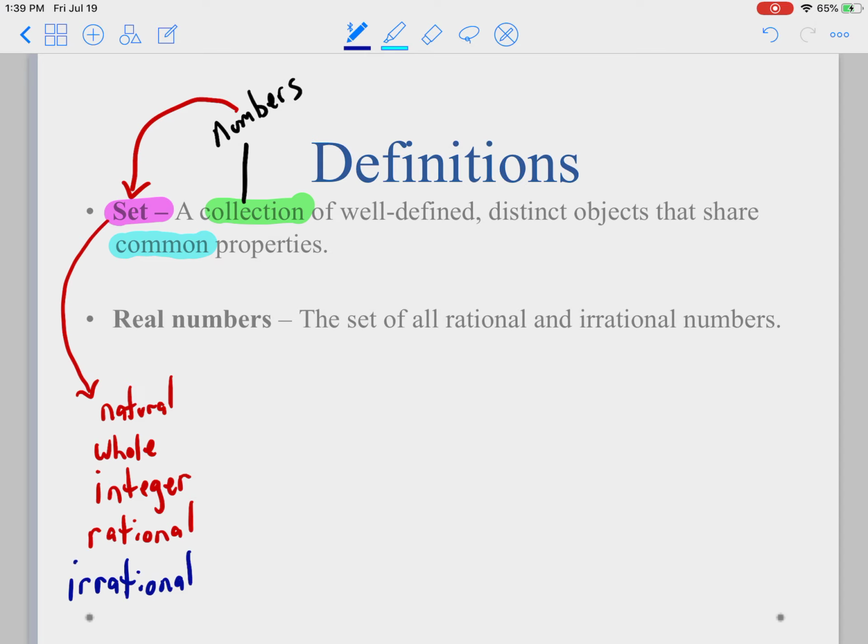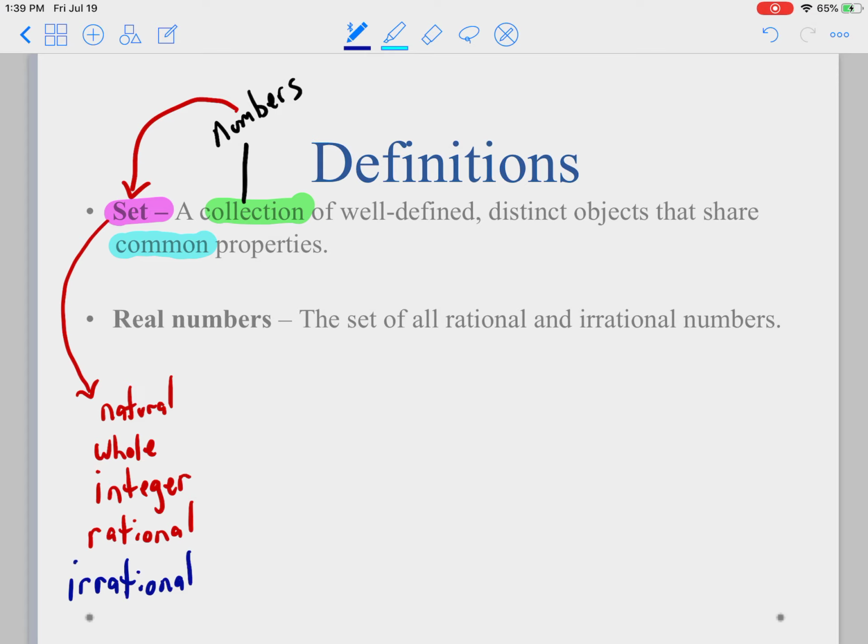So we have to maintain that distinction when we talk about our sets. So again, a set is a collection. In our case, we're collecting numbers. We're placing them into sets with common properties, and we talked about the common properties in each of the definitions, and then we give those sets a name so that we can identify them for future purposes.